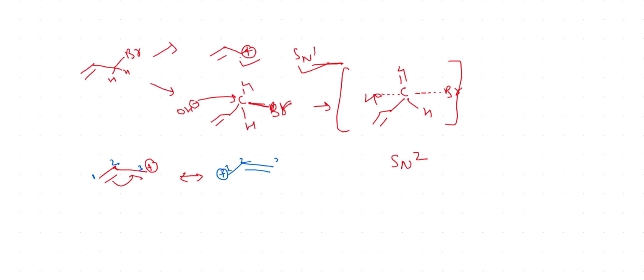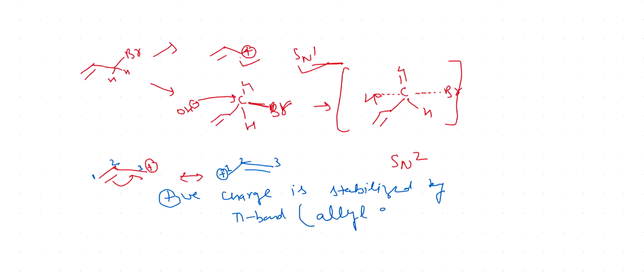You can see these both are resonance structures. Here the positive charge is stabilized by this pi bond, which is from the allyl group. So when there is stabilization of the carbocation, it can also follow the SN1 mechanism. So there should be stability in the carbocation. Clear?